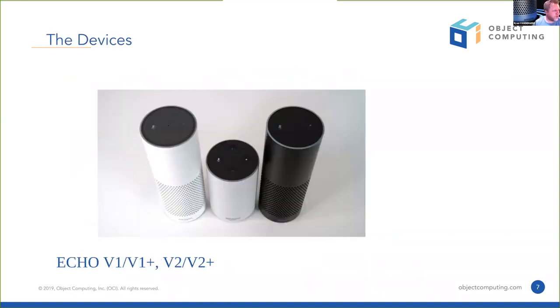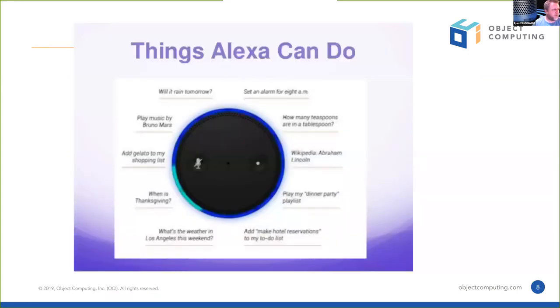These are the devices, so we've kind of evolved, right? We've got 3 different evolutions now of these. It started out with the original Echo version 1, and there was a version 1 Plus, a version 2, and a version 2 Plus. These are all these kinds of things Alexa can do, right? Just general life enhancement things. What's the weather tomorrow? How many teaspoons are in a tablespoon? No one can ever remember that.